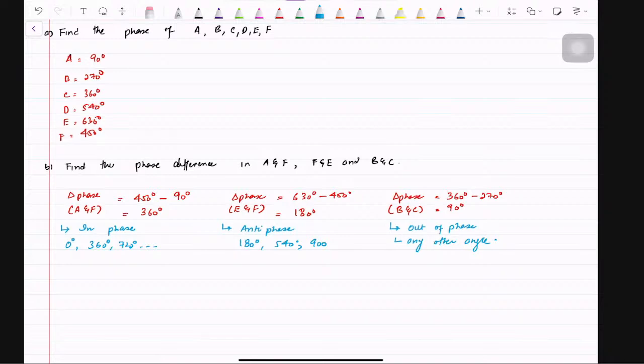Now, what exactly does this word represent? When 2 points on a wave are in phase, it means those points are moving in the same direction. They have the same speed and they have the same displacement.